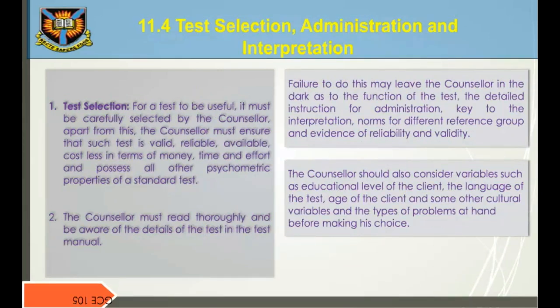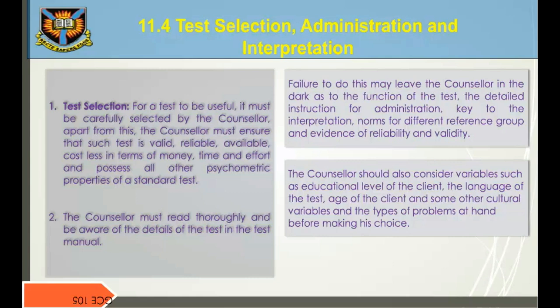Test selection, administration, and interpretation. 1. Test selection. For a test to be useful, it must be carefully selected by the counselor. Apart from this, the counselor must ensure that such a test is valid, reliable, available, costless in terms of money, time, and effort, and possesses all other psychometric properties of a standard test. 2.